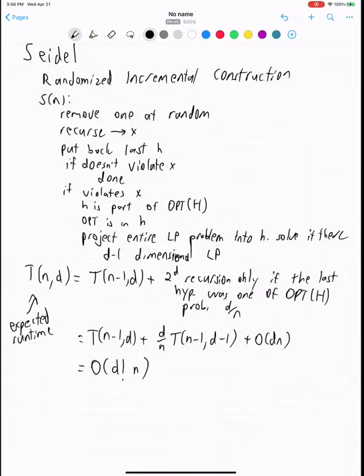All right. I will mention that you can use Seidel's idea to give a simpler proof of the sampling theorem.